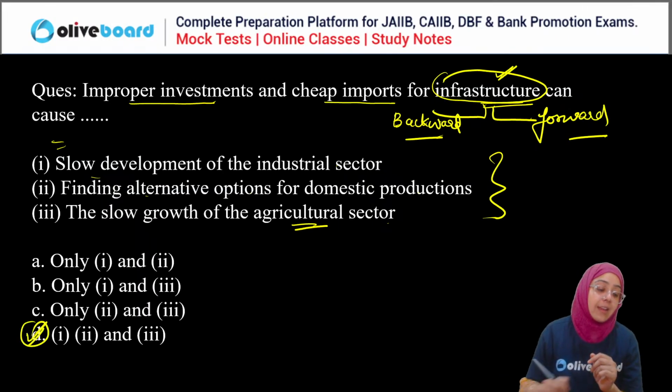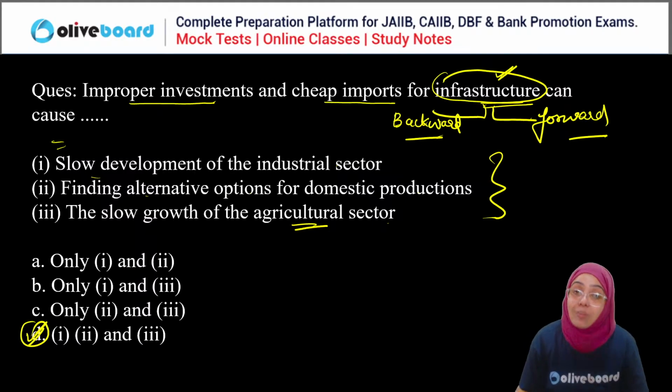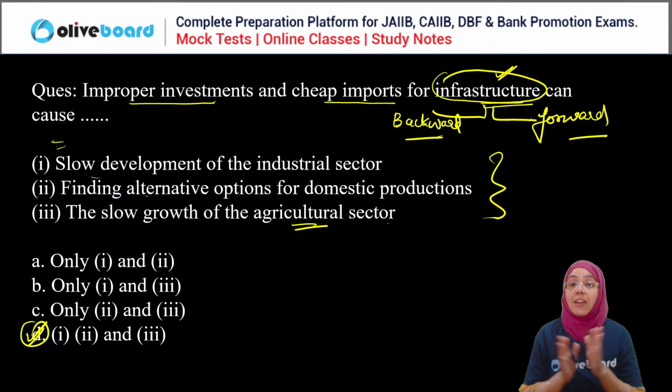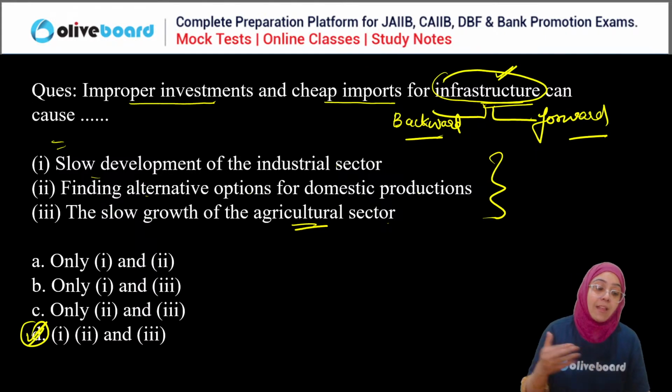So the correct answer is slow development in industry, domestic production, as well as the agriculture sector. If you have low infrastructure in the agriculture sector, there is slow growth in the agriculture sector. We need to provide infrastructure in the agriculture sector also to help its development.